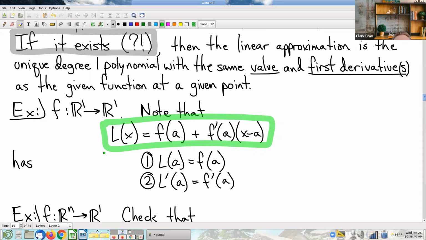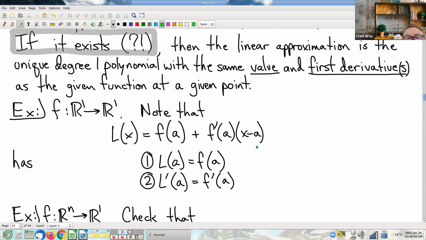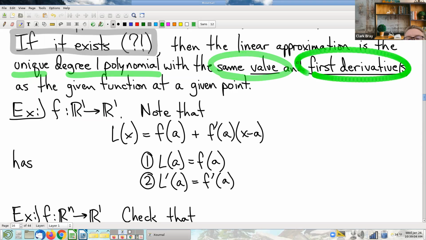A lot of people first draw the tangent line, then figure out the equation of the tangent line and interpret that as a function. I personally think that's putting the cart before the horse. I think this is the linear approximation because this is the unique first degree polynomial that agrees in value and derivative with the function that we're trying to approximate.